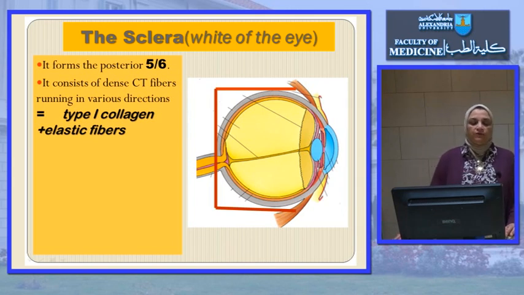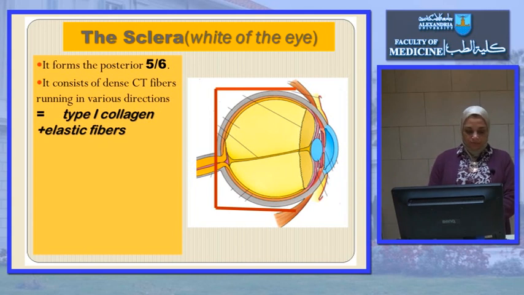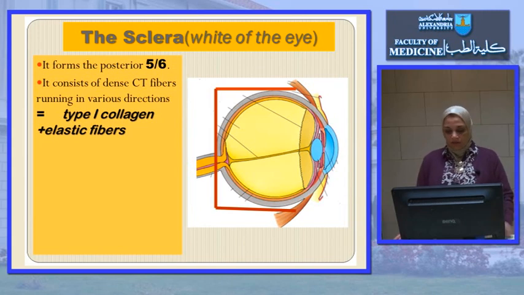It forms the posterior 5/6, and it consists of dense connective tissue fibers. That's why it is white in color. These fibers are not regular as in the case of the cornea. They are running in various directions. It's formed of type 1 collagen with elastic fibers.